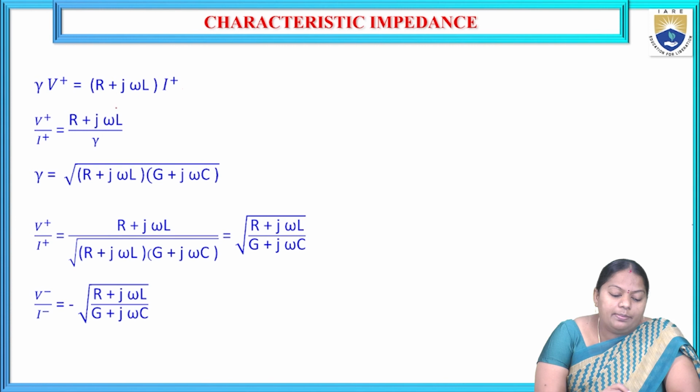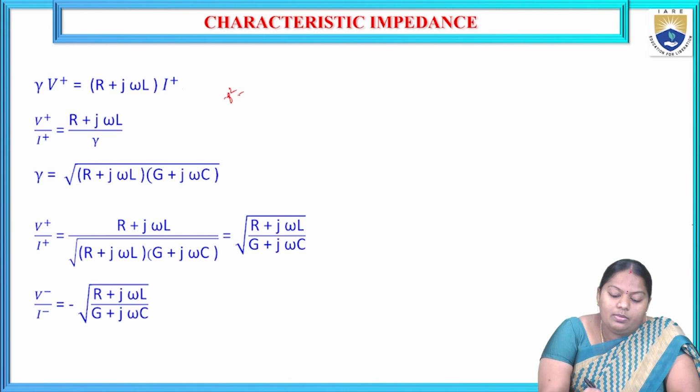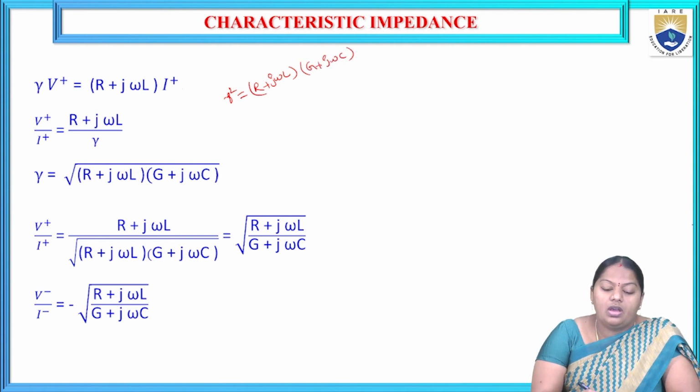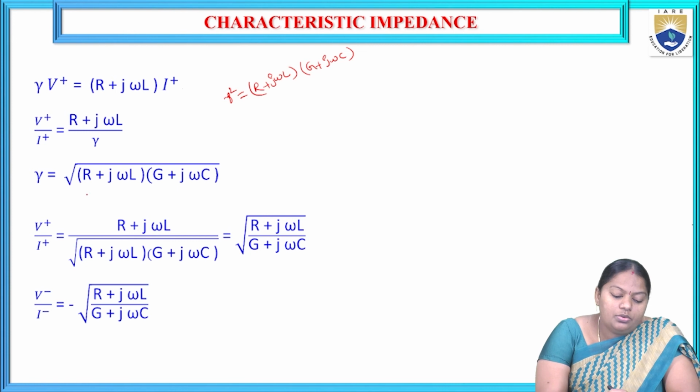Now V plus by I plus equals (R + jωL) by γ, right? Previously we considered γ squared equal to (R + jωL) into (G + jωC). So γ equals the square root of (R + jωL)(G + jωC).